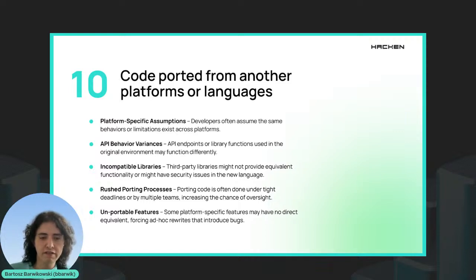So in many cases, I've seen code bases where some code or some feature was ported from another language. For example, some projects were migrating from C++ to Rust, or in case of smart contracts, some Solidity to Rust, Solana, or Movement.